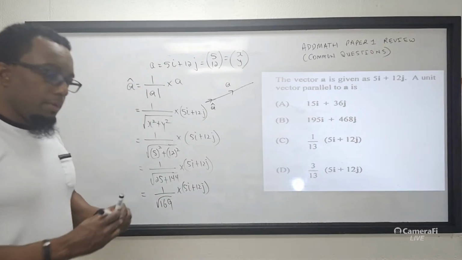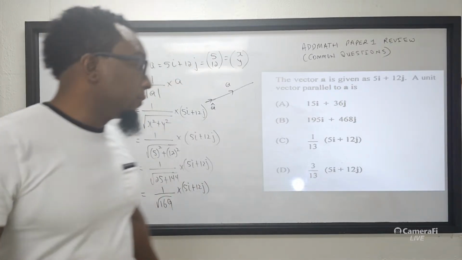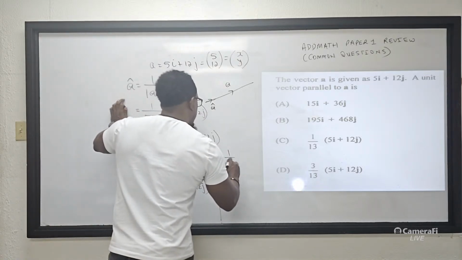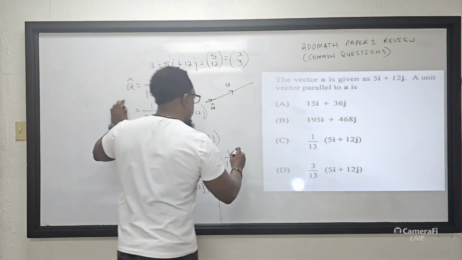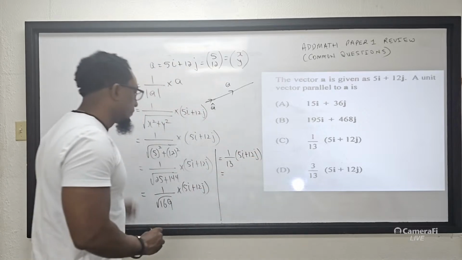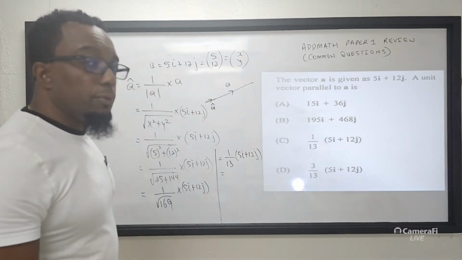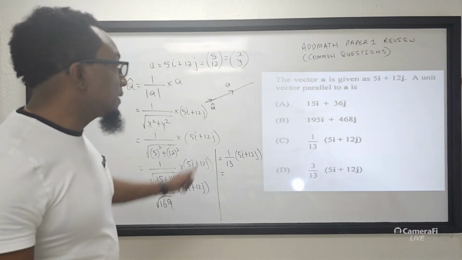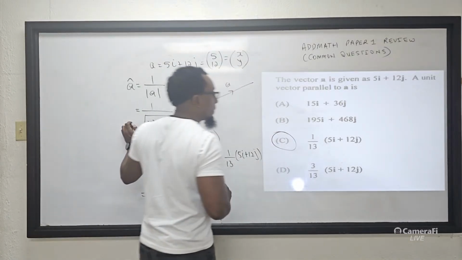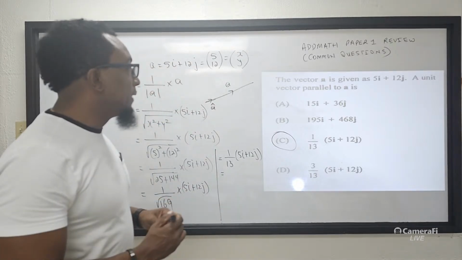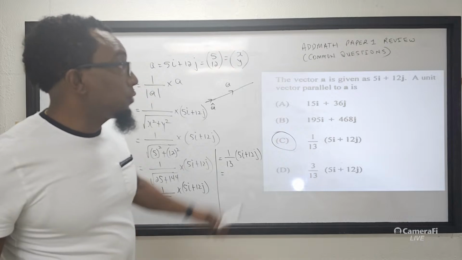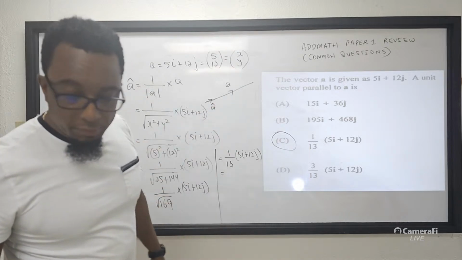The square root of 169 is 13, so this is equal to 1 over 13 times 5i plus 12j. And we don't have to remove the brackets. Let's see if any of those options match. Yes, it's there, 5i plus 12j. So make sure you know the unit vector. I'm sure you're going to see something like this tomorrow.